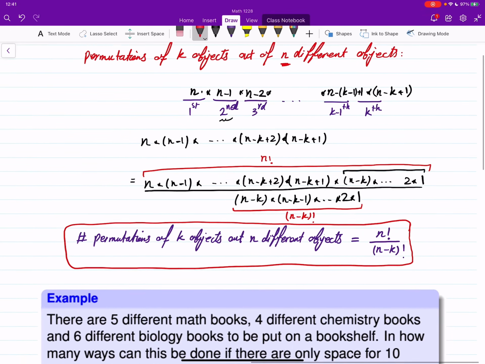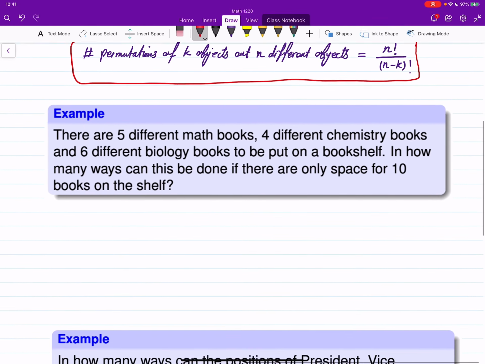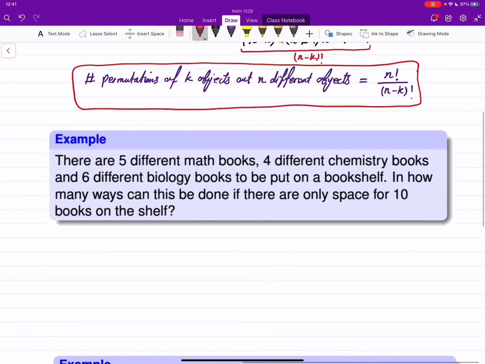Okay. So here, let's see this example. We're back to the original example. We have 5 math books, 4 chemistry, and 6 biology books. Now in how many ways can we arrange them on a bookshelf if there is only enough space for 10 books on the shelf?